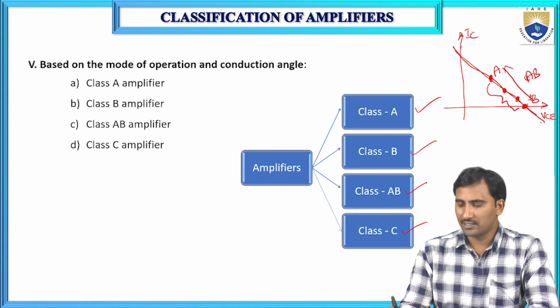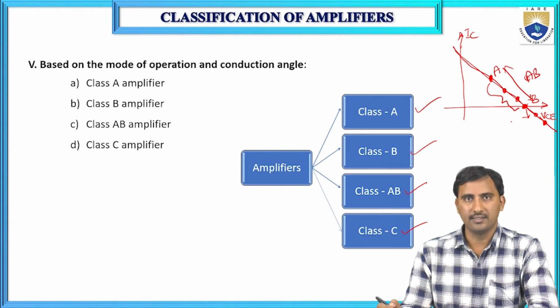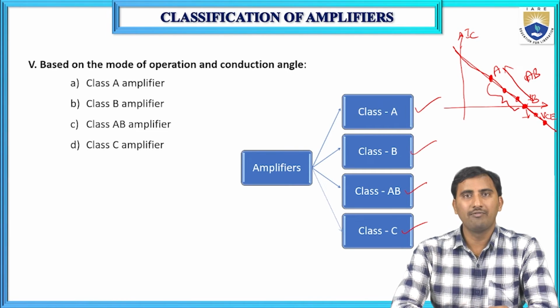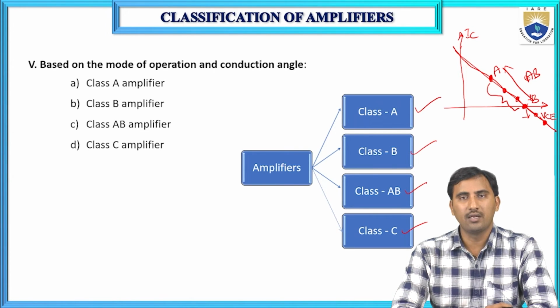So below the x-axis means it could be here or here. Okay. So based on the operating point, the power amplifiers are classified into different types, that are class A, class B, class AB, and class C power amplifiers.